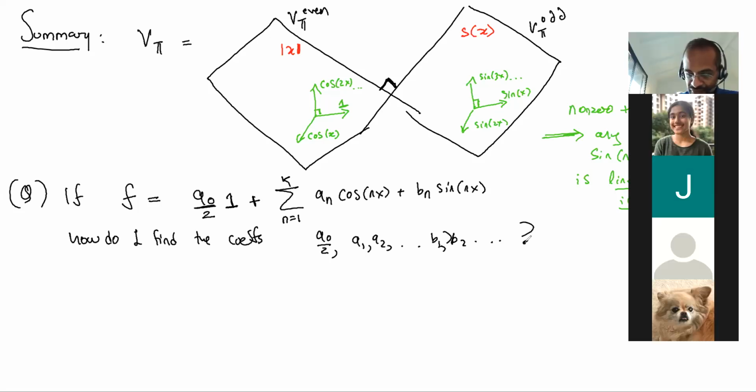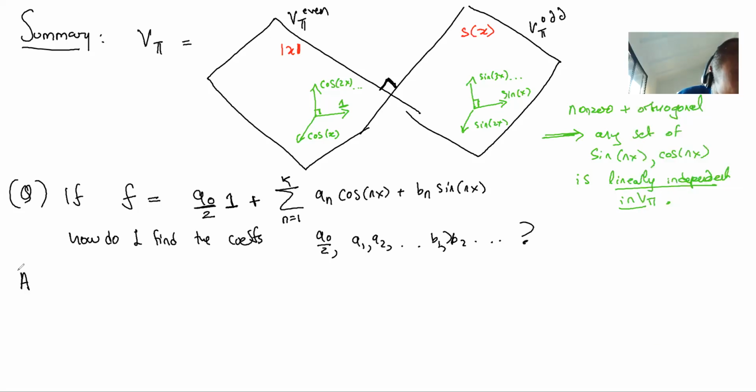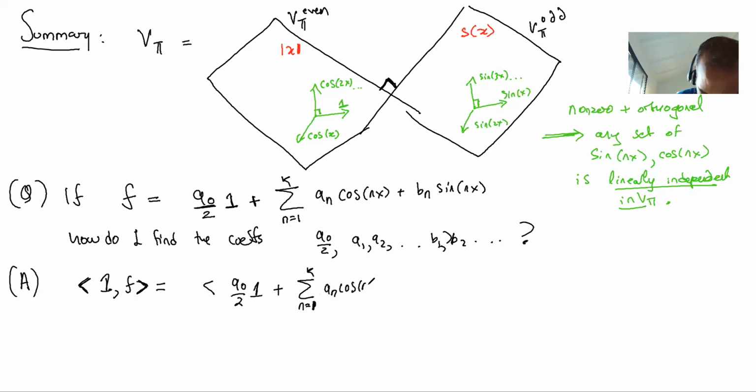Yeah, exactly. So we're going to use the same trick from chapter 6. Let's say I want a naught over 2. Well, I'm just going to take the inner product of this thing with 1. So now I have this whole sum. And this is where the inner product comes in. It works exactly the same way as a dot product. So by linearity, I can isolate the terms.